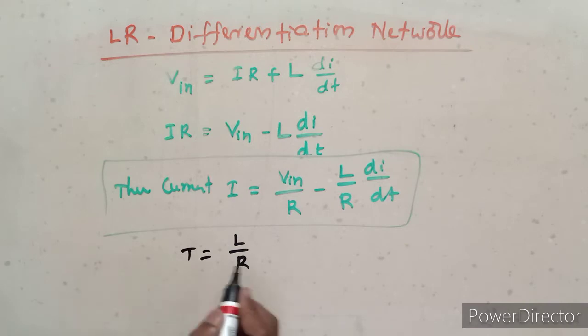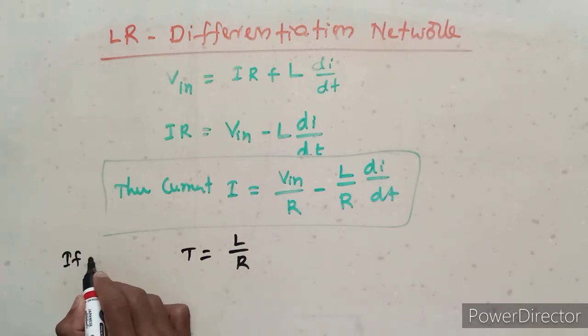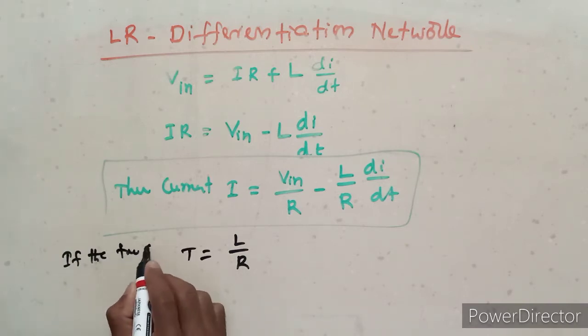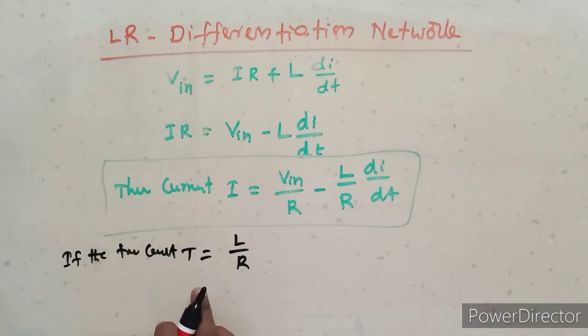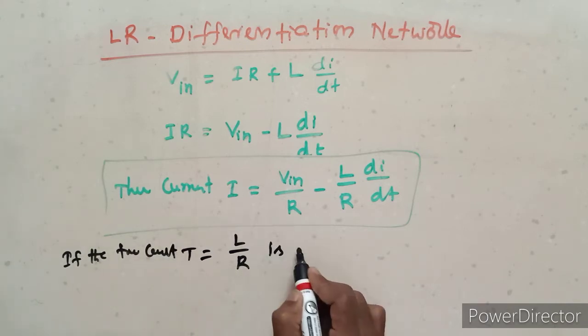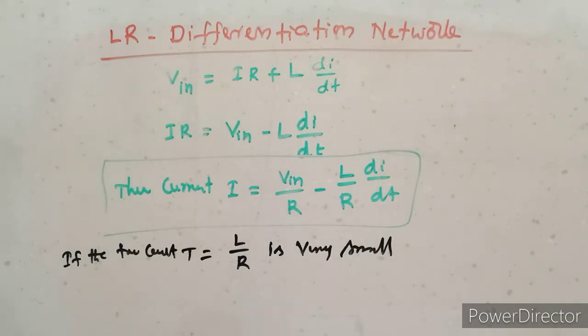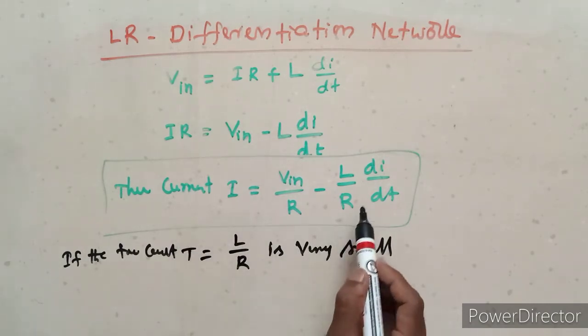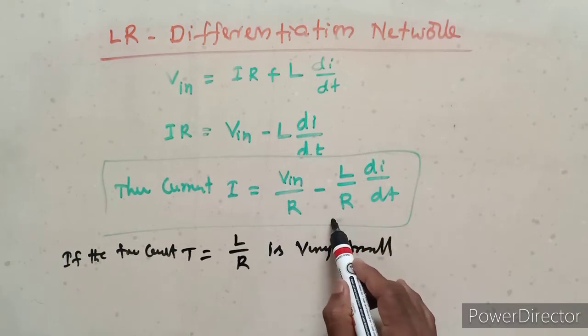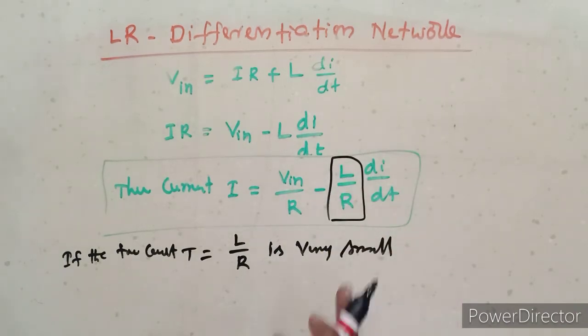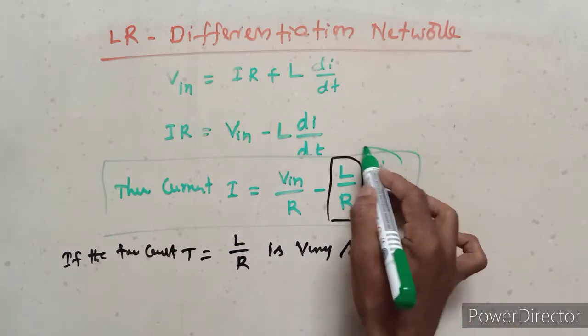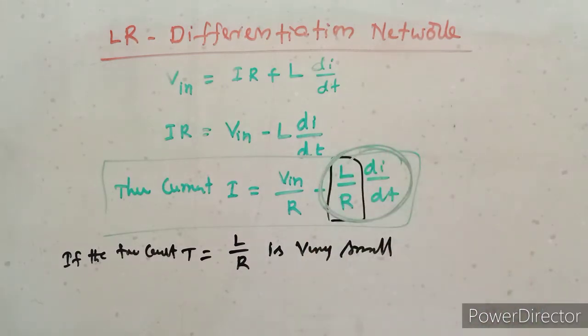In case the time constant T equals L by R is very small, then in the above equation this term is neglected, because it is very small.